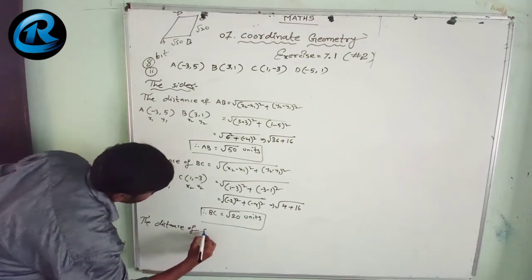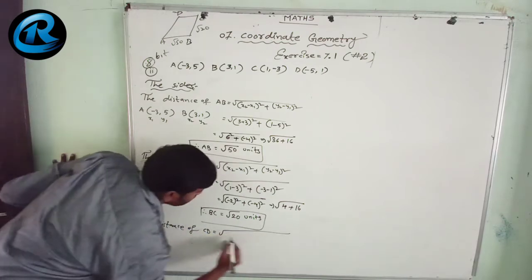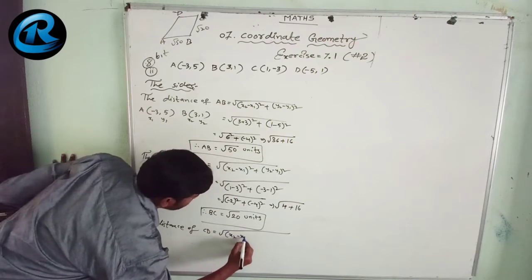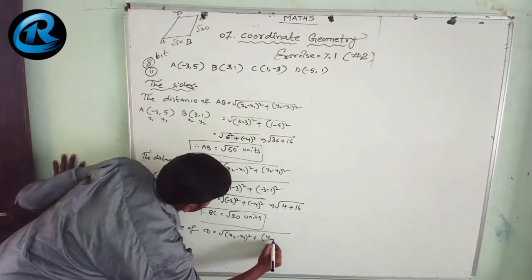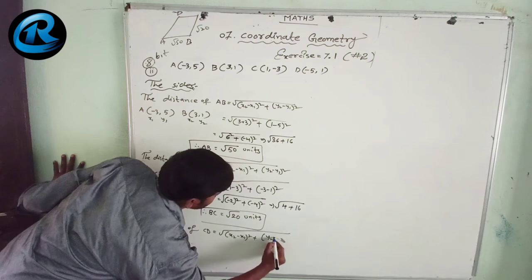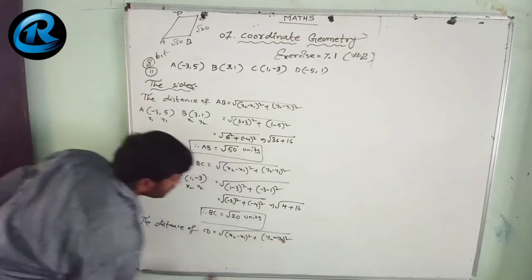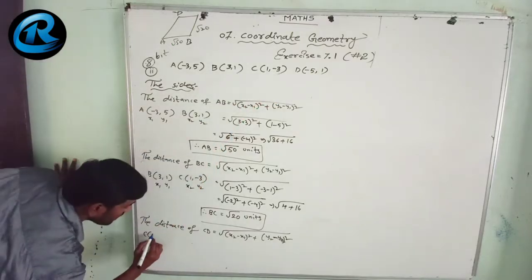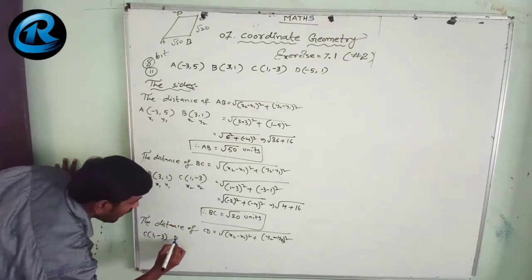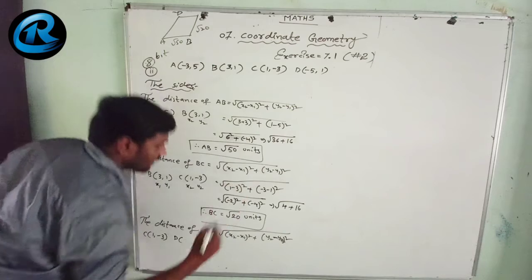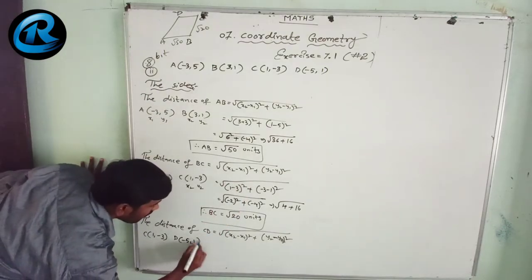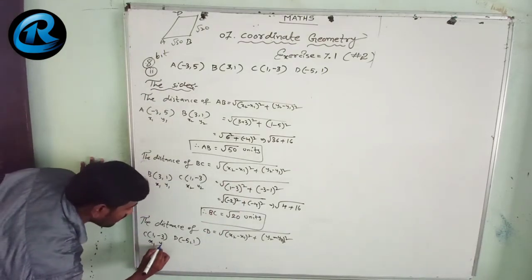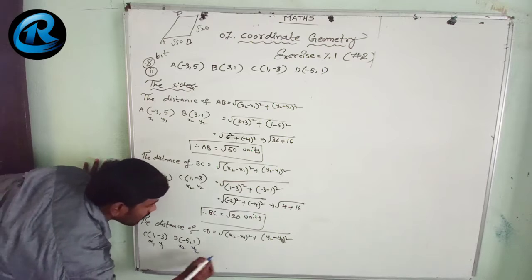The distance of CD equals under root of x2 minus x1 whole square plus y2 minus y1 whole square. Here the point C is 1 comma minus 3 and point D is minus 5 comma 1. It is x1, y1, x2, y2.